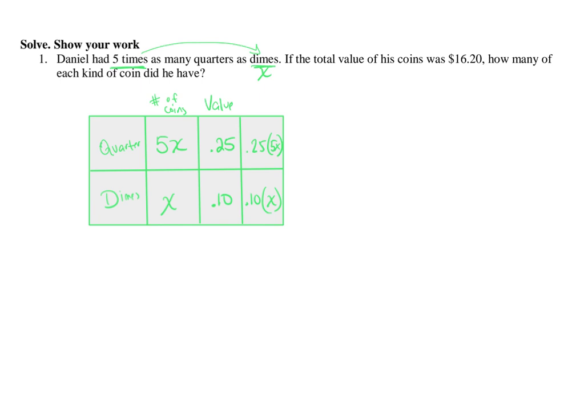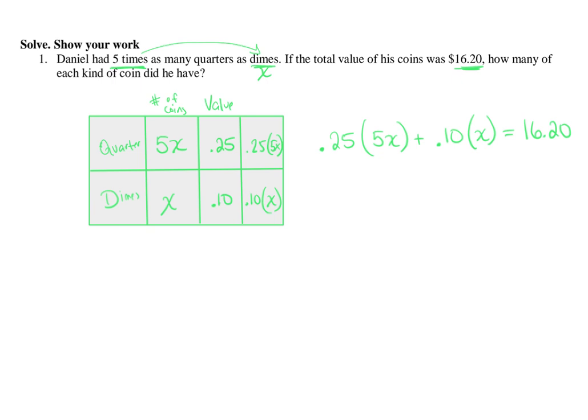All right. Total value is $16.20. I have to add my quarters to my dimes to get my total value. So if I have 0.25 quarters, that's the quarter value, times the number of quarters, and I add it to my dime value, 10 cents times the number of dimes, that should equal my total value of everything that I have, right?